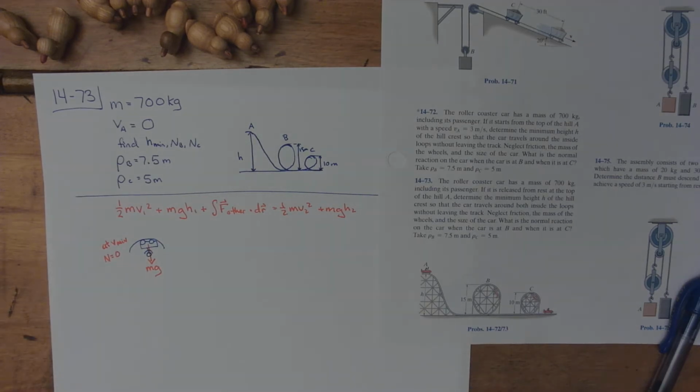So you have the force of gravity acting downwards, and remember from when we did normal and tangential components, you have to have an acceleration pointing in the normal direction, and that acceleration is equal to v squared over rho.